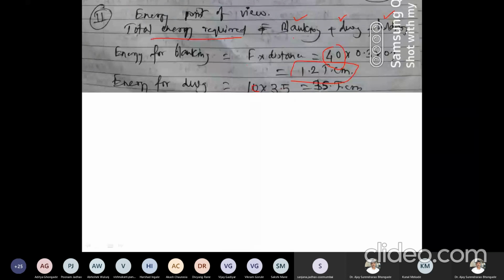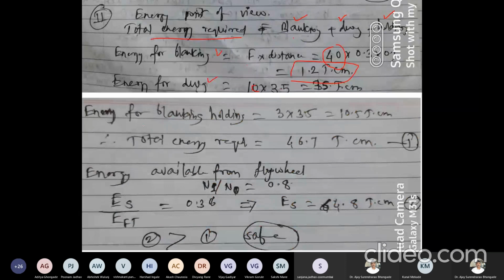So 10 into 3.5 is 35 ton centimeter. Energy for blank holding will be 3 into 3.5, so 10.5. So total energy requirement is the summation of all of this, that is 46.7.